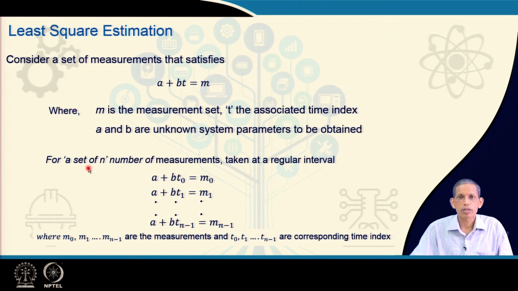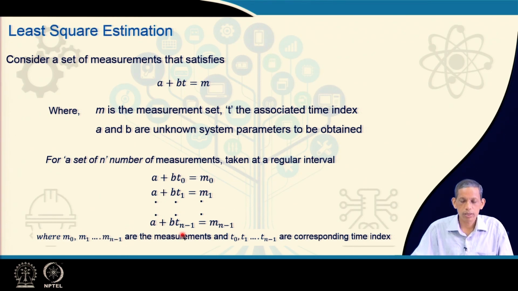For each measurement and its associated time we can write the system equation: A plus B t 0 equals m 0, and at time index t 1, A plus B t 1 equals m 1, and like that. So, we will have a set of n equations.